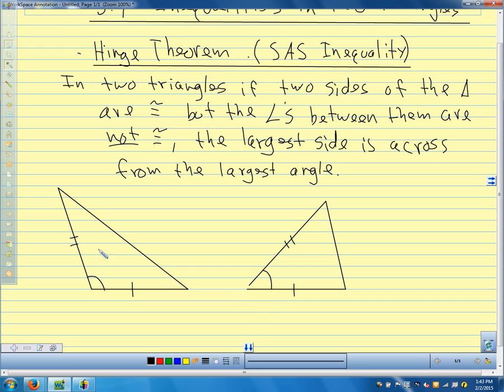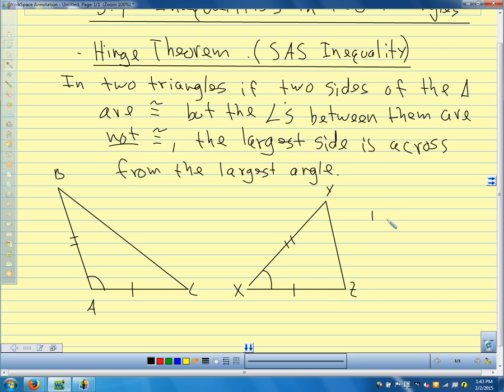We have two pairs of sides that are congruent, and the angle between them not congruent. I'm going to call this triangle ABC, and this triangle XYZ.